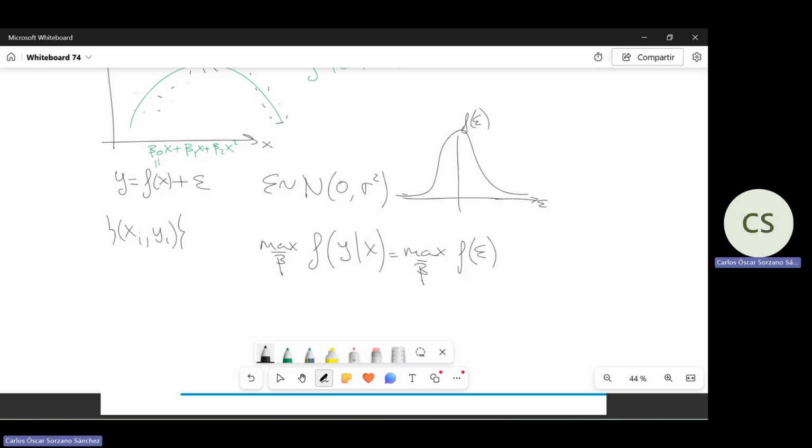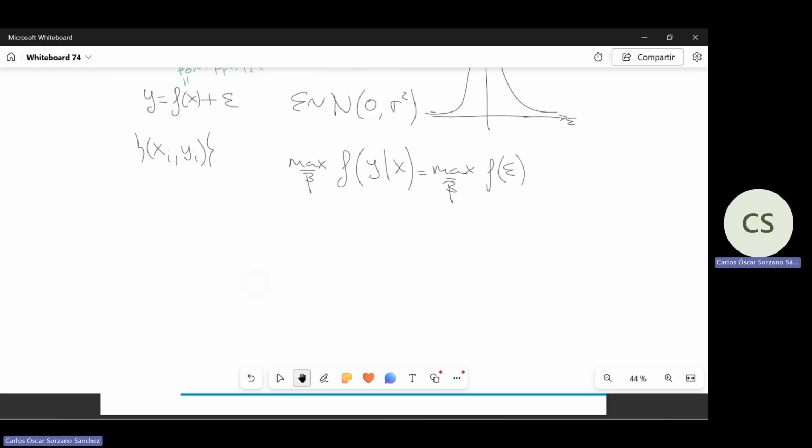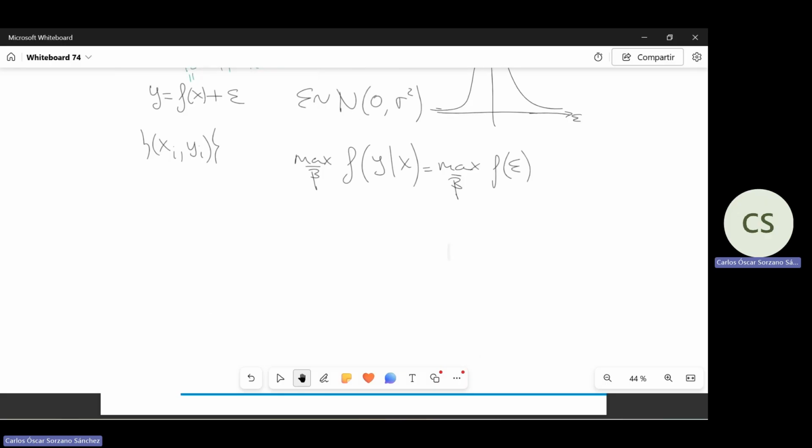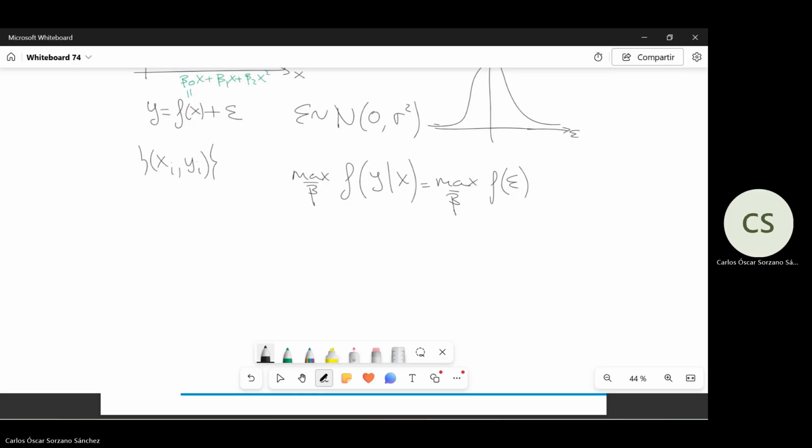If you plug in the formula of the normal distribution, which you should remember, everything is maximum when we multiply over all observations.